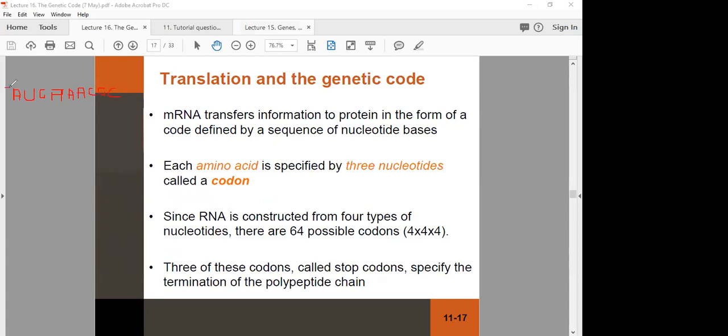Okay, 5 prime, 3 prime. All right, let's say this was the nucleotide sequence in our messenger RNA molecule.